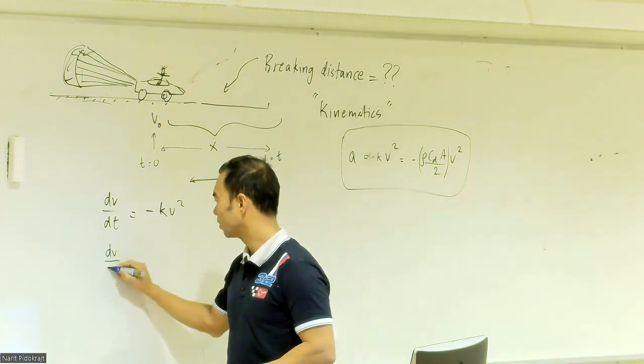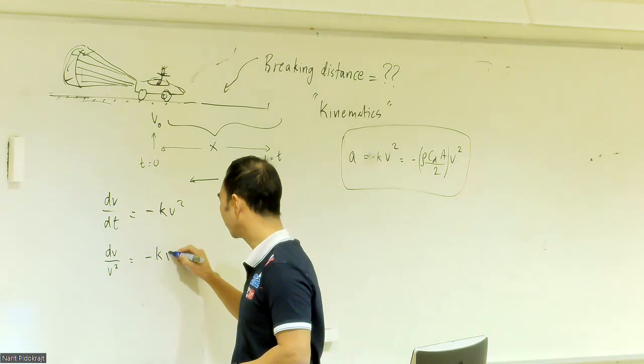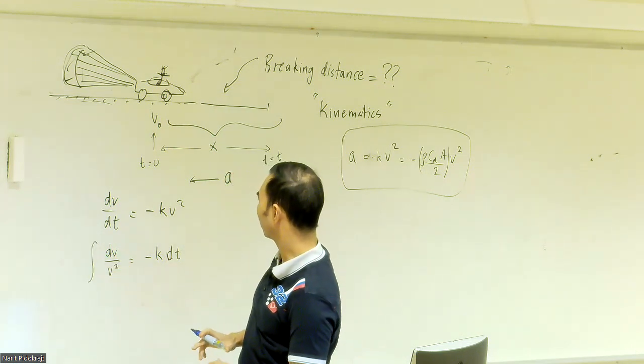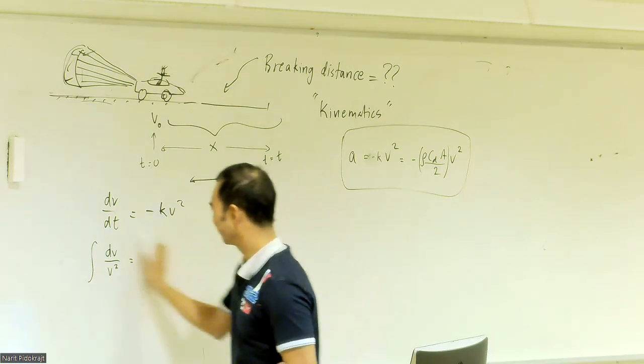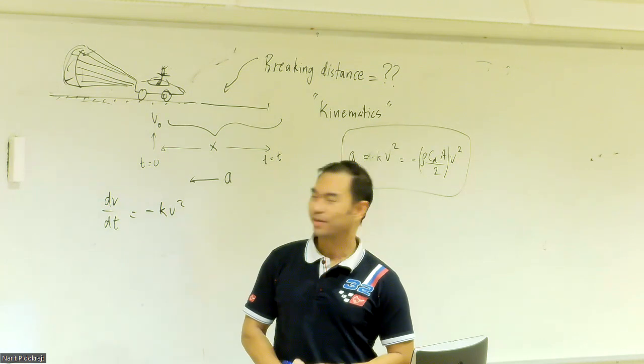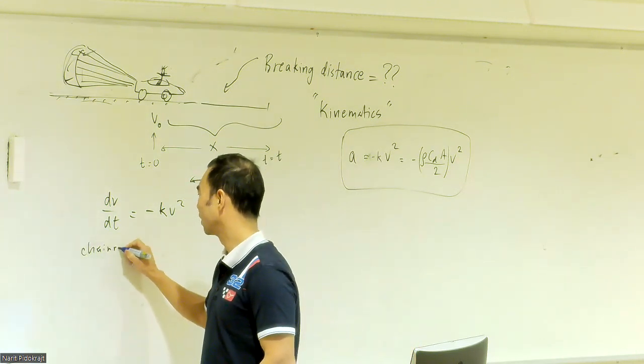You get dv over v squared equals minus k dt, and then you integrate, right? Oh, sorry, I made a mistake. You can't do it. I was actually trying to test you a little bit. We have to do the chain rule here first.